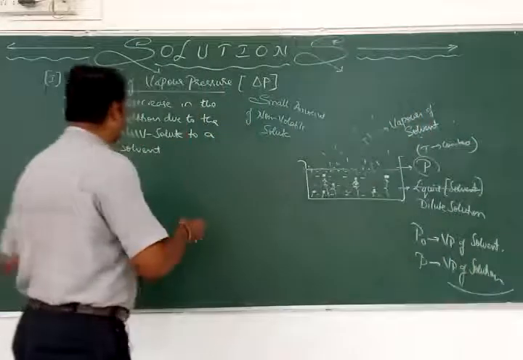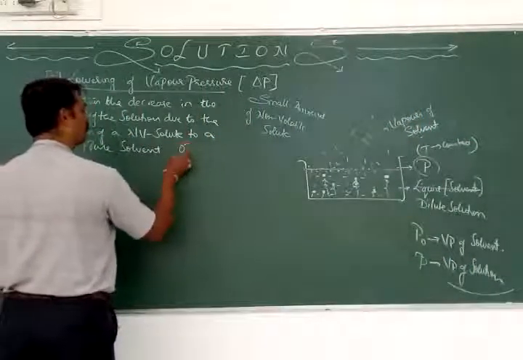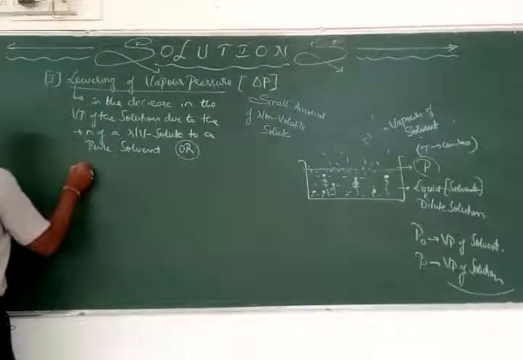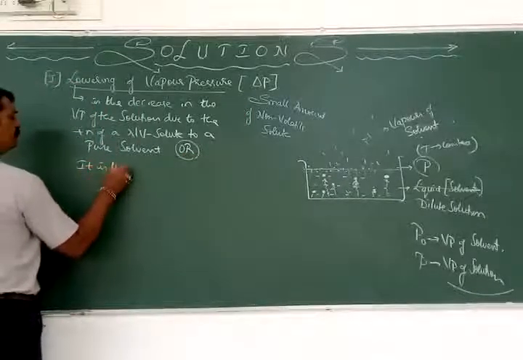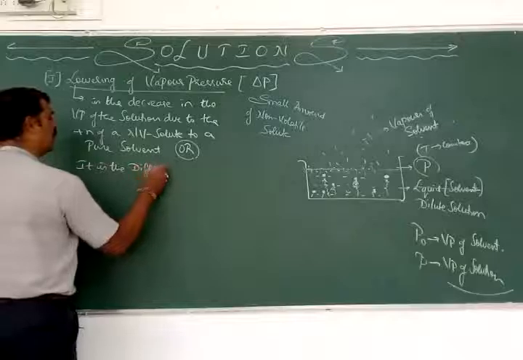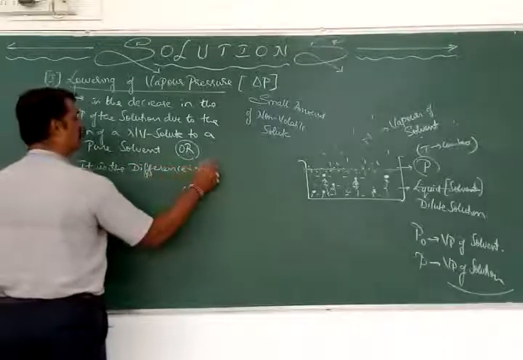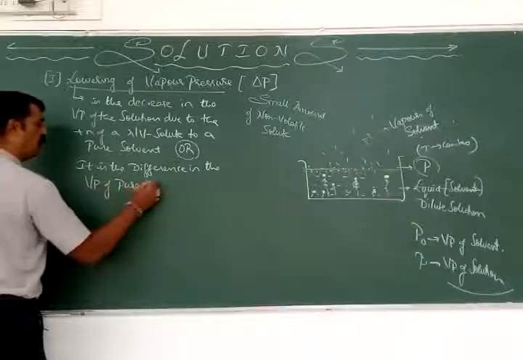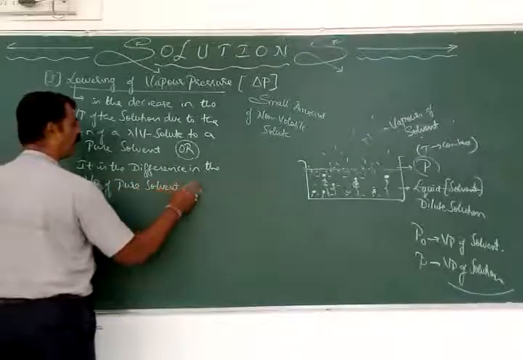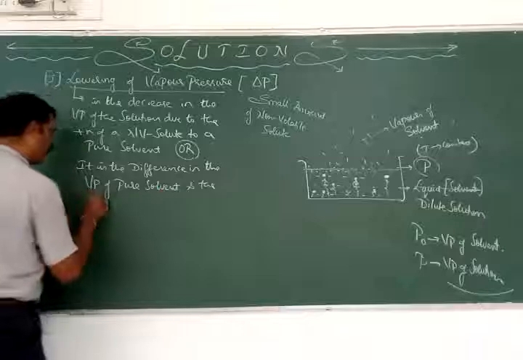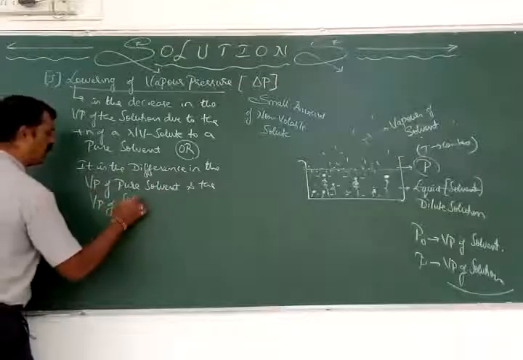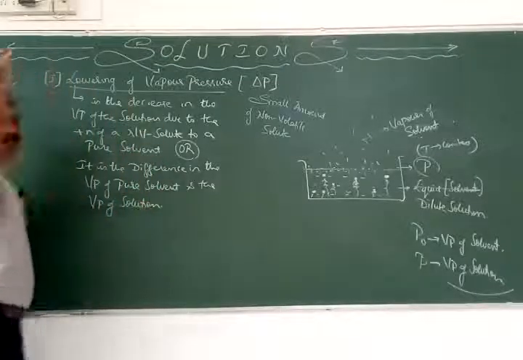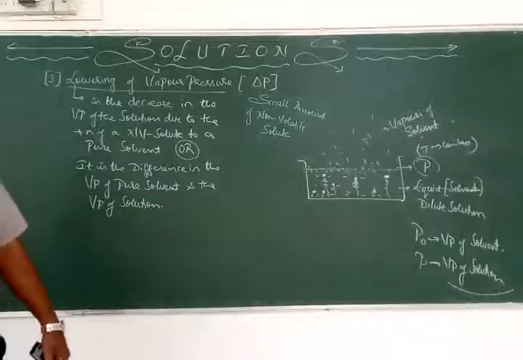Or we can define that in another mathematical form as the difference in the vapor pressure of the pure solvent and the vapor pressure of the given solution. Which is more here, which is less here?